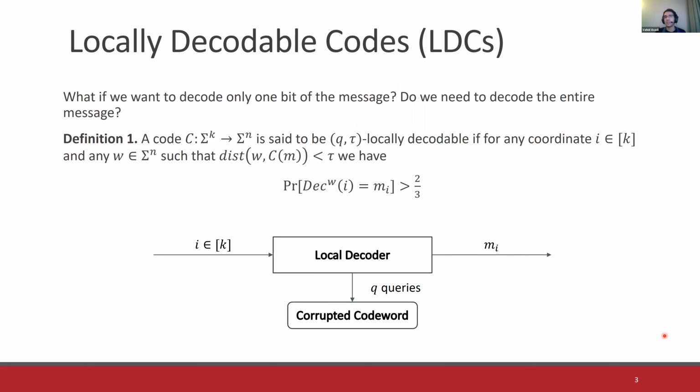It basically works by getting an index in k, and then it has oracle access to the corrupted word. It queries q locations, and it outputs the i-th bit of the message with high probability.